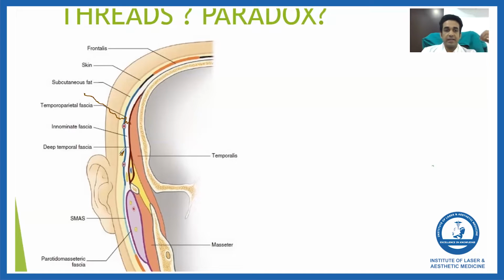The face is made up of facial muscles, which are supplied by the facial nerve, and there are also the masseter and temporalis, which form part of the face, but they are not muscles of expression. They are muscles of mastication, supplied by the mandibular nerve.